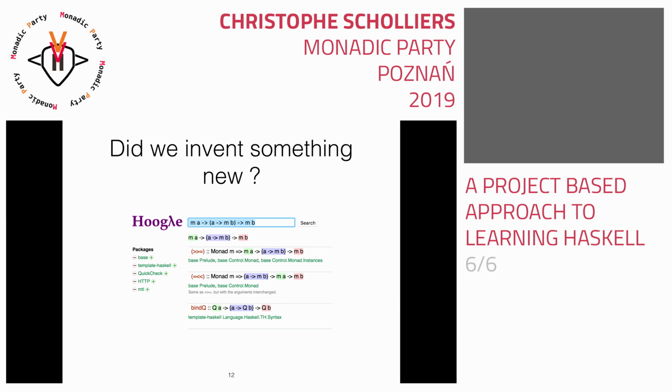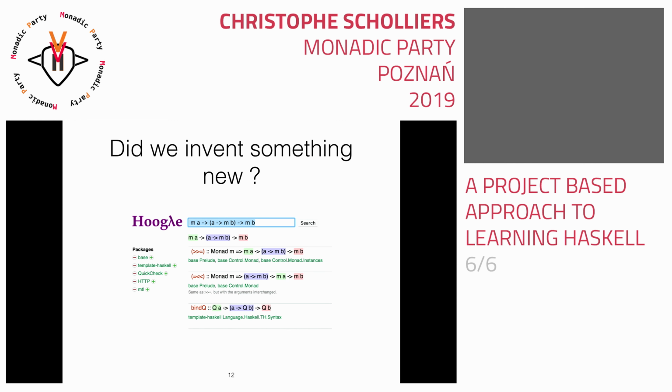So yesterday I showed you Google, or it didn't work, right? But there is a website very similar to Google, and in case you are finding something new, or you are searching for a certain type, you can just give in the type.